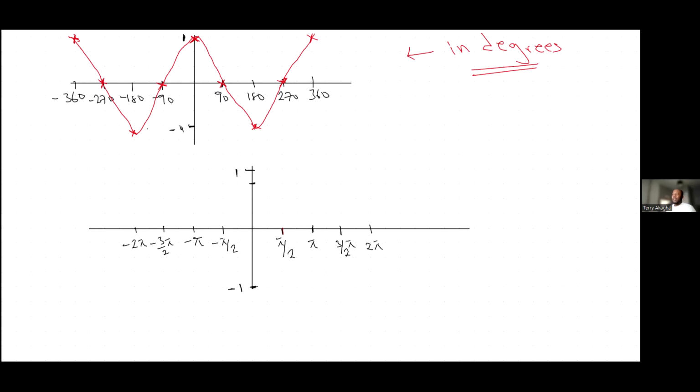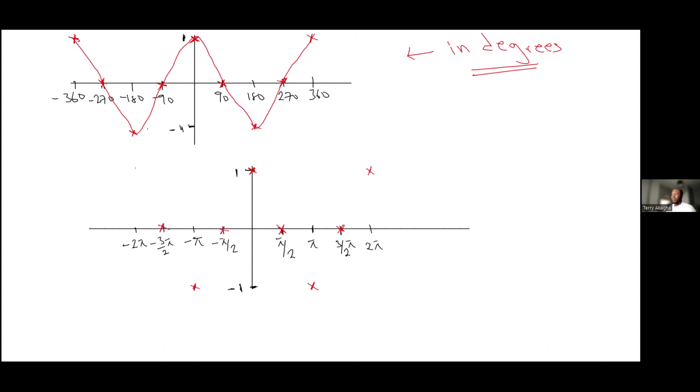So the same thing, like I said, in this case here, you start from 1 instead of starting from 0. So you put it there. So the next one will be pi over 2. The next one is going to be pi, 3 over 2 pi, and then to give you what? 2 pi. The same thing, it's going to give us minus pi over 2, minus pi, minus 3 over 2 pi, and minus 2 pi.